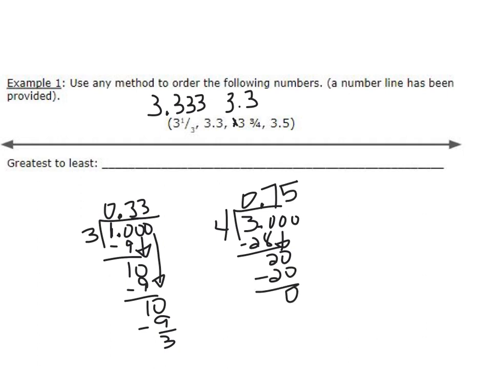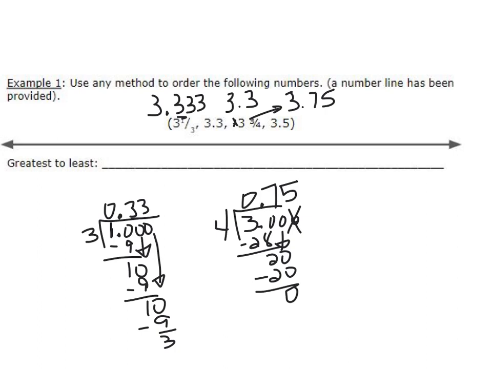Remainder is 0. And if you see this next 0, you don't even have to use it. Sometimes we put extra zeros if we need them, but in this case we don't need them. So then this number is going to be 3 and 75/100ths, which is this one right there. So then the next one is 3 and 5/10ths.